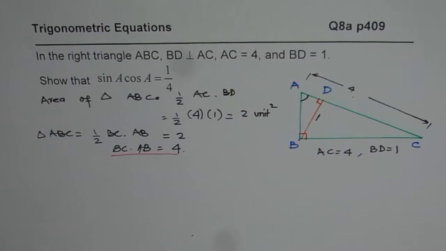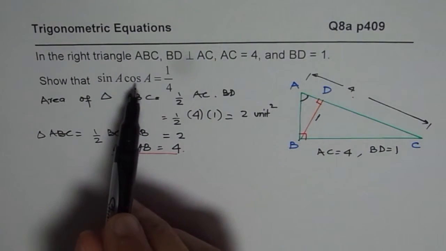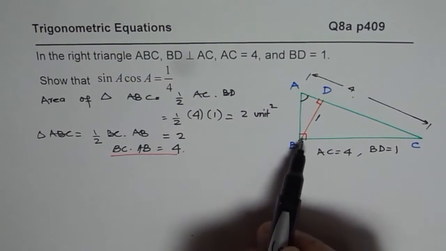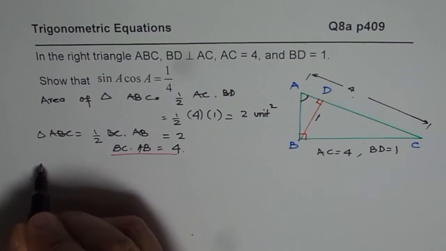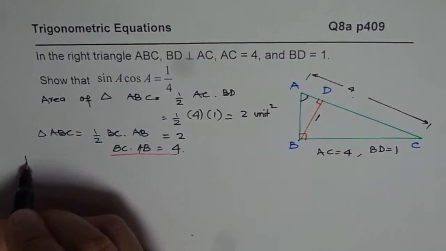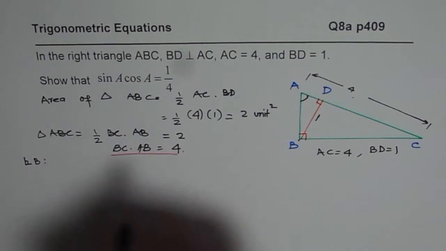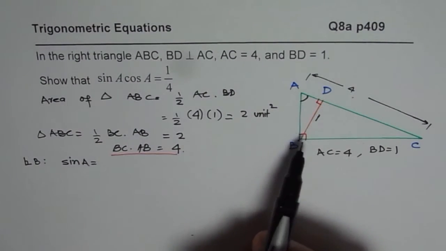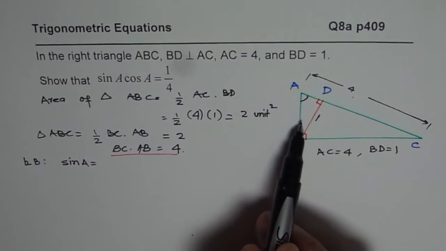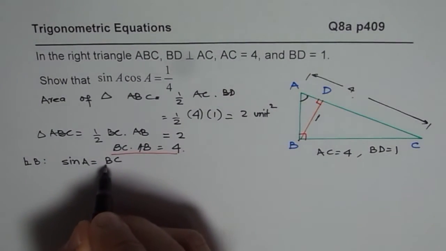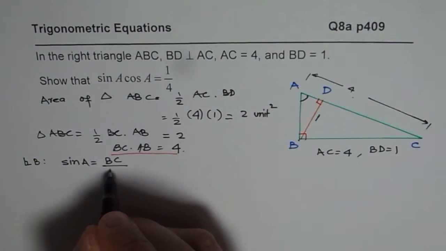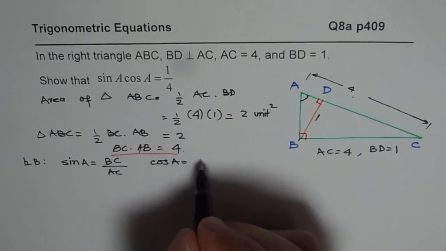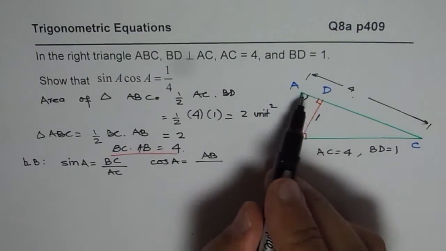Now we'll find what sine A times cosine A is. Using the right triangle at B, that is your angle A. Sine A is opposite side over hypotenuse. Opposite side is BC, so it is BC over AC. Cosine A is adjacent side, which is AB, over hypotenuse AC.